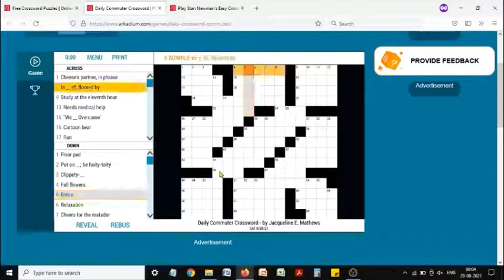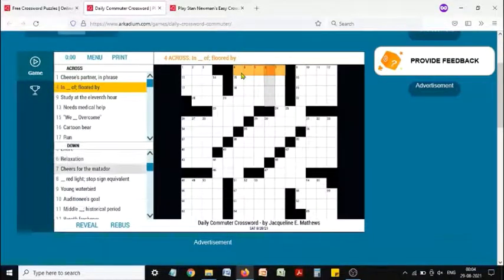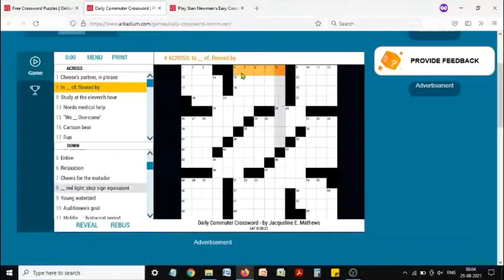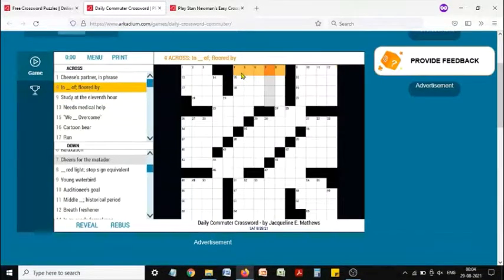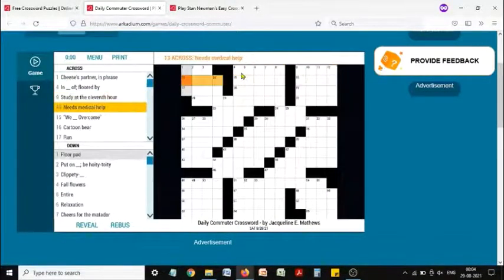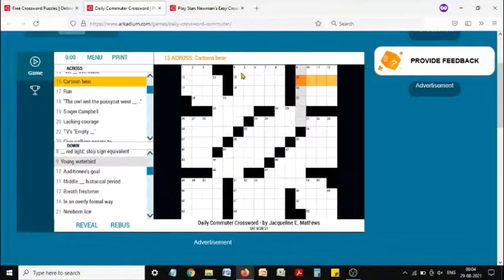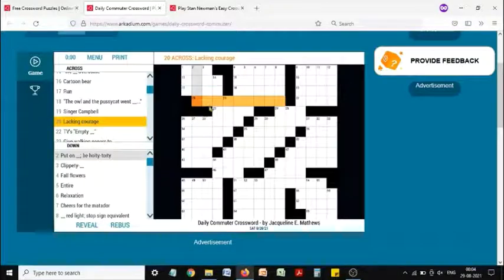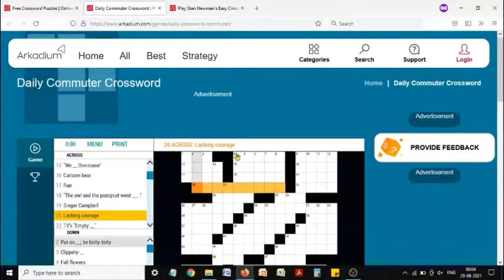And then if I press the space bar, I get the corresponding across. I can move from one clue to the next by using the arrow keys as well, or even the tab function. So right now I'm pressing tab and you can see it's cycling through all the clues and it's highlighting the relevant clue.